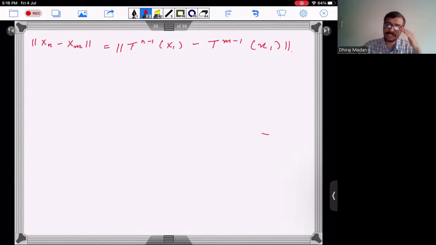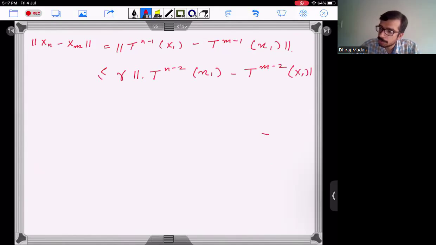Since T has been acting n minus 1 times and m minus 1 times here, and we know that n is smaller, I can rewrite this as less than or equal to c times T acting n minus 2 times on x1 minus T acting m minus 2 times on x1.